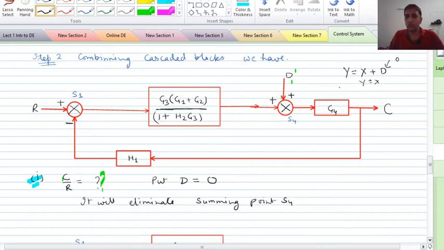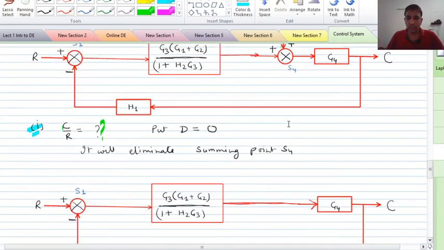So no need to have this sum. But if there are more than two values to be added, then it is required. In this case only two inputs are there, so we can easily eliminate it by putting d equals 0. S4 can be easily eliminated.